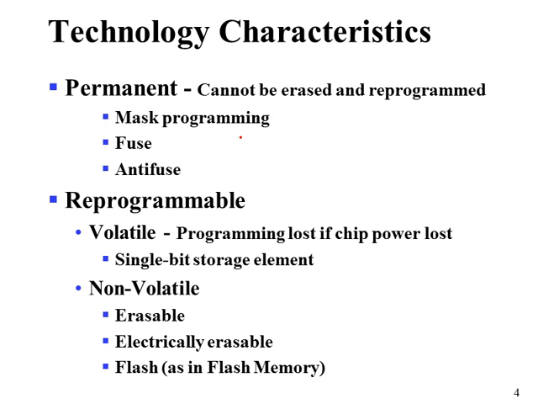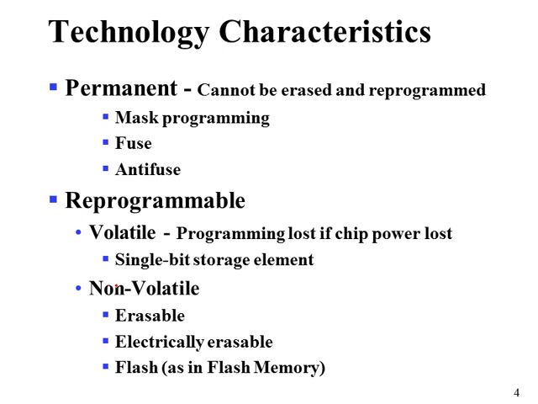You can just imagine a blank CD. You can choose to write it once and then you can no longer write it, so it's sort of permanent. But reprogrammable is like a rewritable CD. You can write the data and later erase and rewrite it. So we have that kind of characteristic called reprogrammable logic devices.